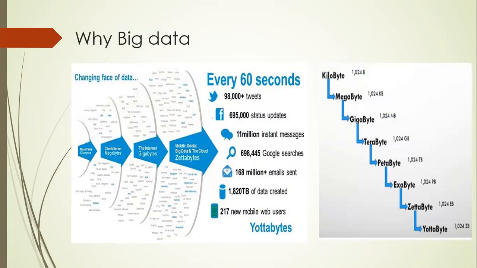In early days we maximum used to have only gigabytes of data. Now we have beyond gigabytes: terabytes, petabytes, exabytes, and then yottabytes of data. So the data is very huge, and this tremendous amount of data can give us new insights about various things.